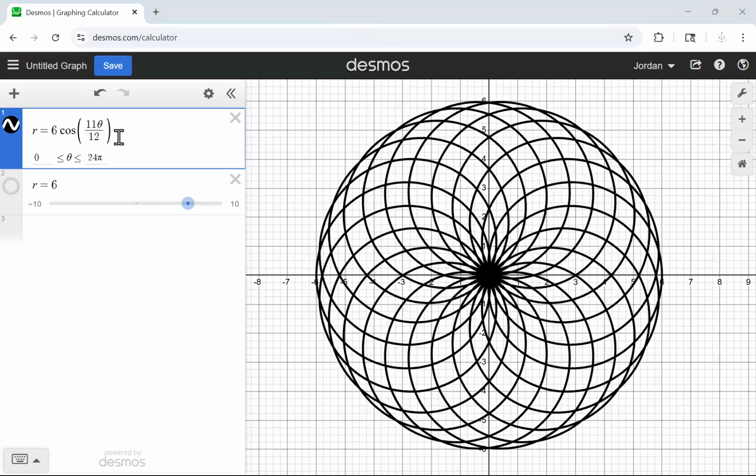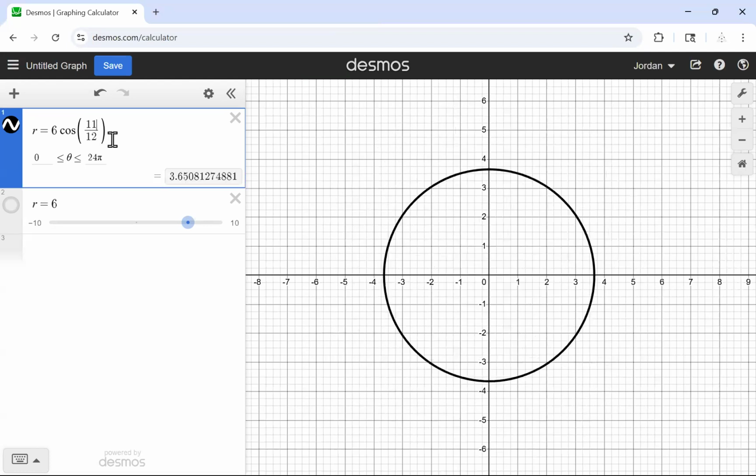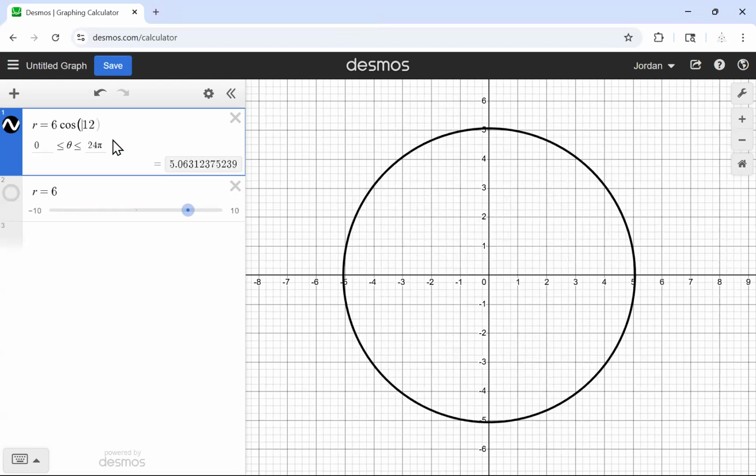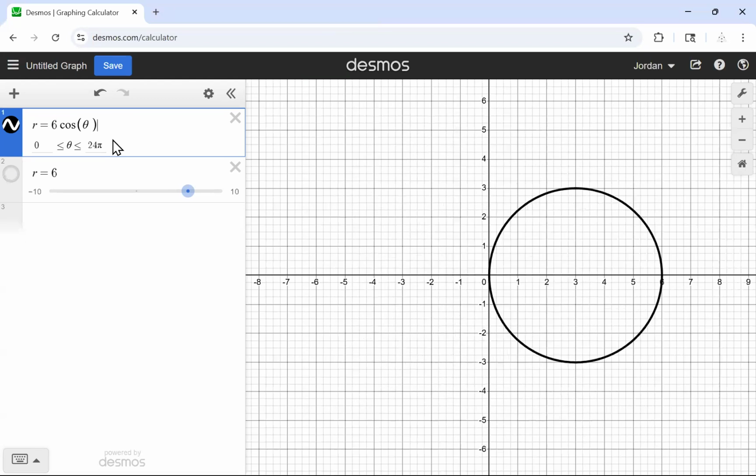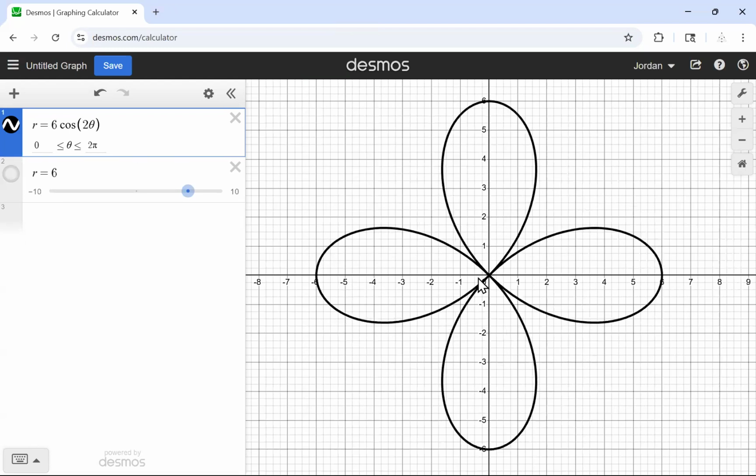All right. Now, I want you to recall that if we do cosine of just theta, we get a single loop. And when we did cosine of 2 theta, we got 4 loops. You may ask, well, wait a second, is there any picture that just gives us 2 loops instead of 4?